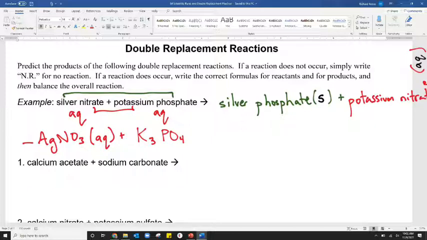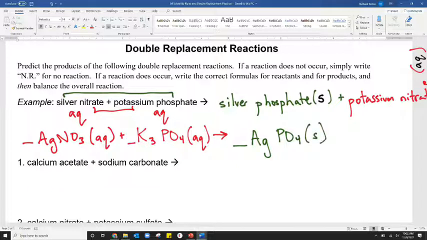Potassium has a positive 1 charge. These worksheets are set up. We just assume the reactants are aqueous. Now on this side, we got to put these together. Silver phosphate. It's going to be Ag and PO4.